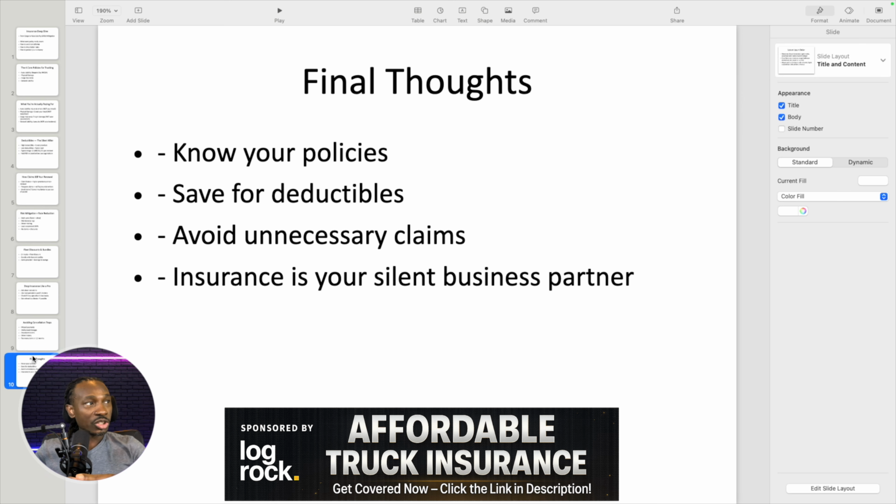So my final thoughts: know your policies, right? Save for deductibles, especially if you want lower premiums and you're going for those higher deductibles because you want to pay less monthly. Just know if something happens, you have to have money set to the side for those higher deductibles. Avoid unnecessary claims. Don't be filing stuff that you should be paying out of pocket. All right. So you need to make sure that you have money for incidentals and claims.